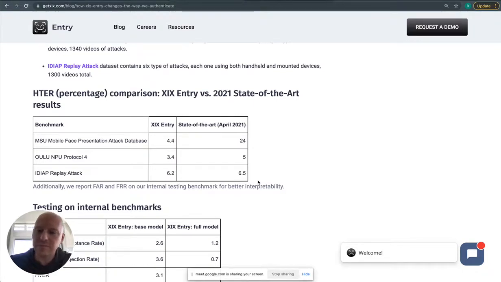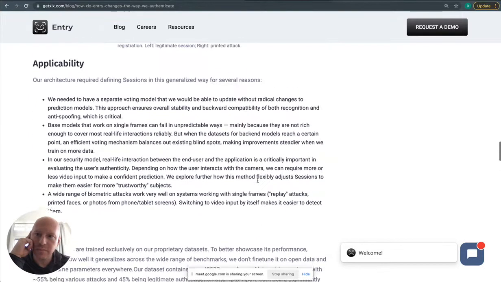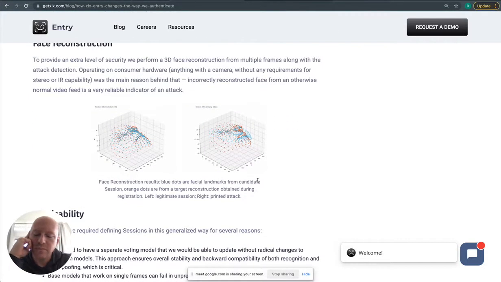The best proxy we came up with to communicate the difference is that there's a one in 1.5 million chance of a random person being able to unlock Entry, given that they can perform the attack from the same device, from the same network, same IP address, sort of a Tom Cruise type Mission Impossible attack, basically. They would have to be on all of the other trusted systems, and they would have to be able to spoof the face versus just stealing a password.